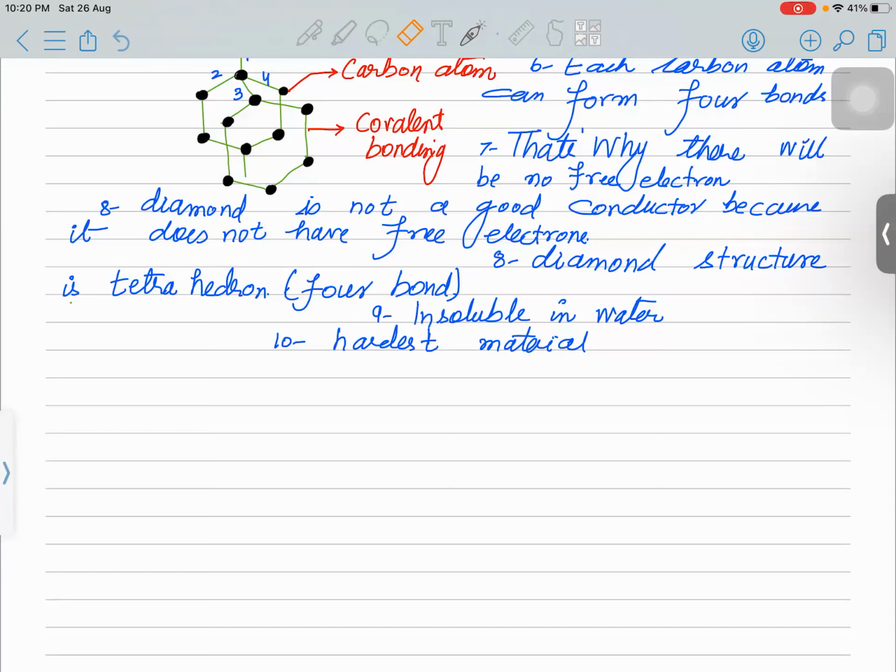It has a high melting point. Diamond has a high melting point.